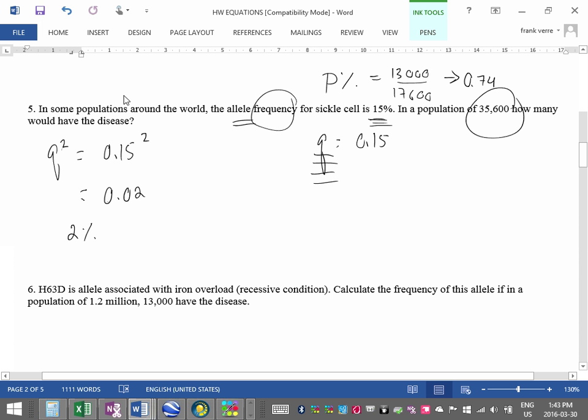Now here we want to know how many. If I have a population that is 35,600, how many have the disease? Well, 2% of 35,600 would have the disease, right? So mathematically, that would be 2%, which we know is 0.02, times the actual population size, which is less than 1,000.